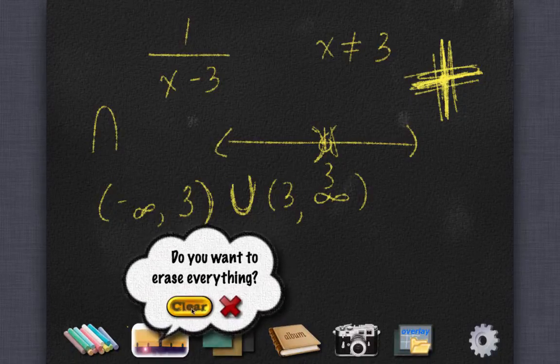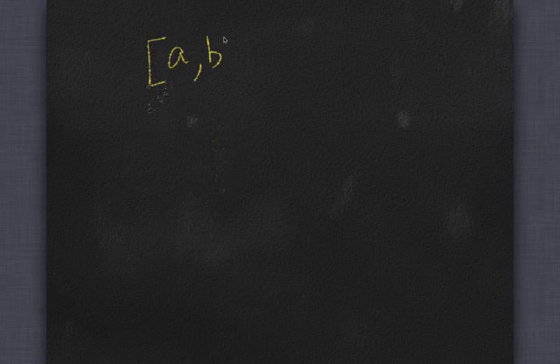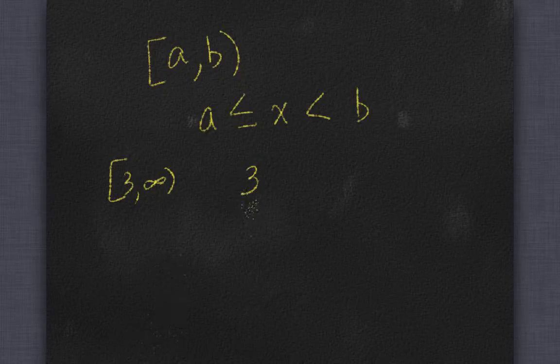Now, one thing to remember is there's a very definite direction. So if I write A, B, and I'll just put a bracket and a parentheses. That means A, x, B, less than because the parentheses, greater than or equal to because of the bracket. Okay, so like when I had 3 infinity, I really had 3 is less than or equal to x is less than infinity, but of course it is if it's a number, right?